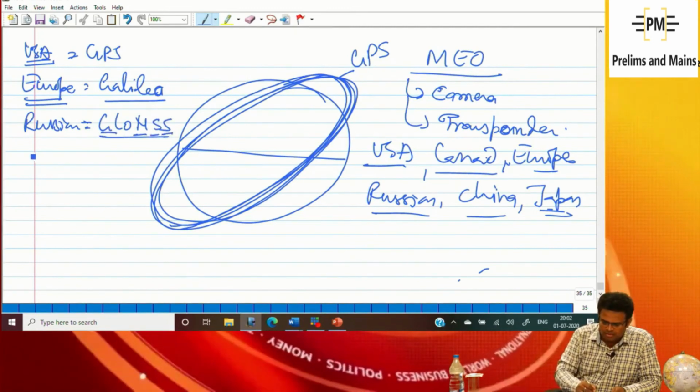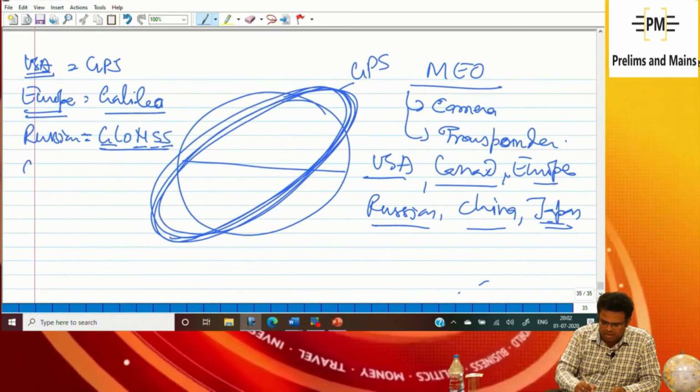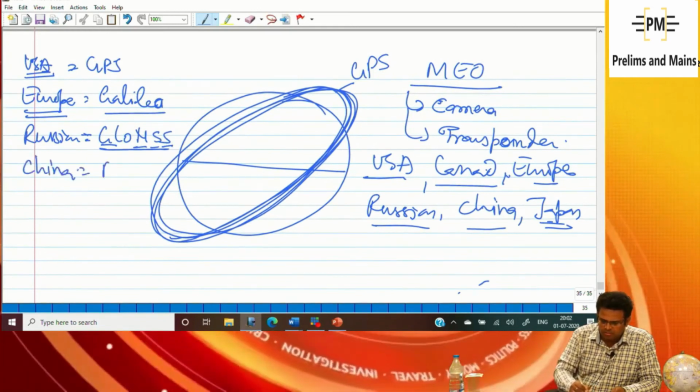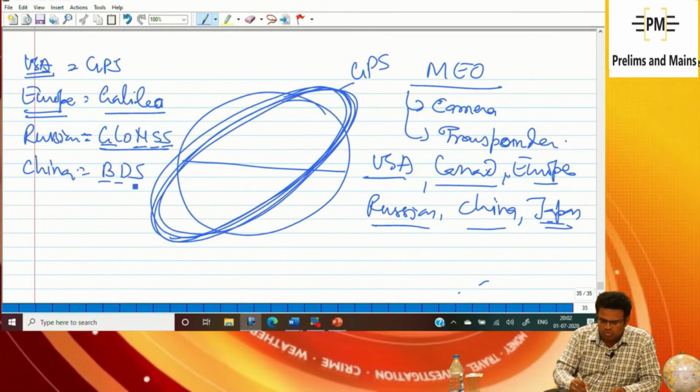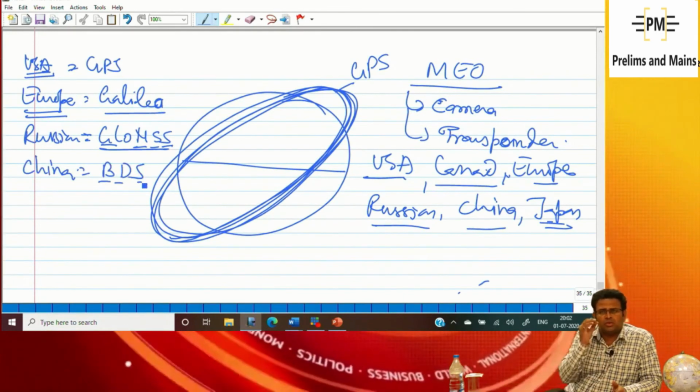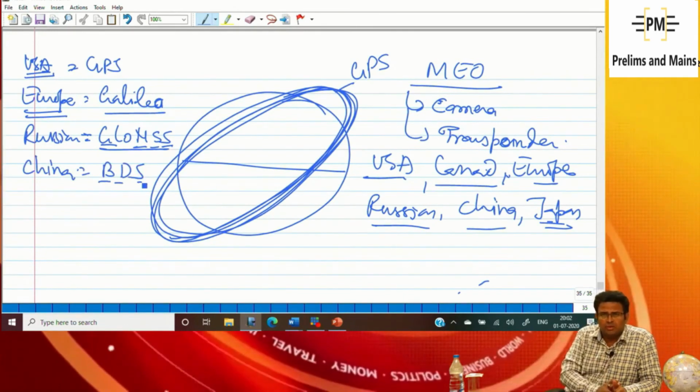And China, as I said earlier, is using the BDS system. All are somewhere in mid latitude and little high latitude countries, okay.